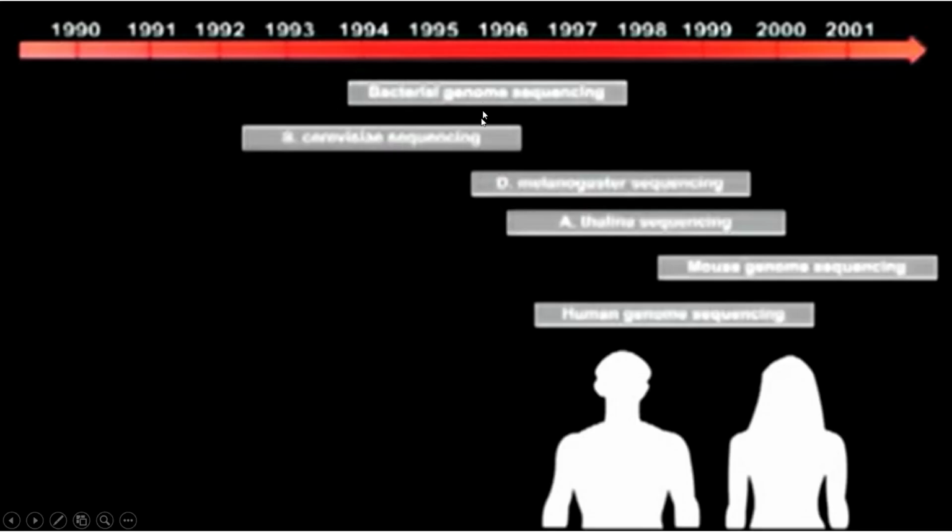The whole bacterial genome was sequenced within 1998 itself, whereas the human genome was completed in the 2000s or so. So people did know how we can sequence DNA, by which they tried to understand genomics in a holistic approach.